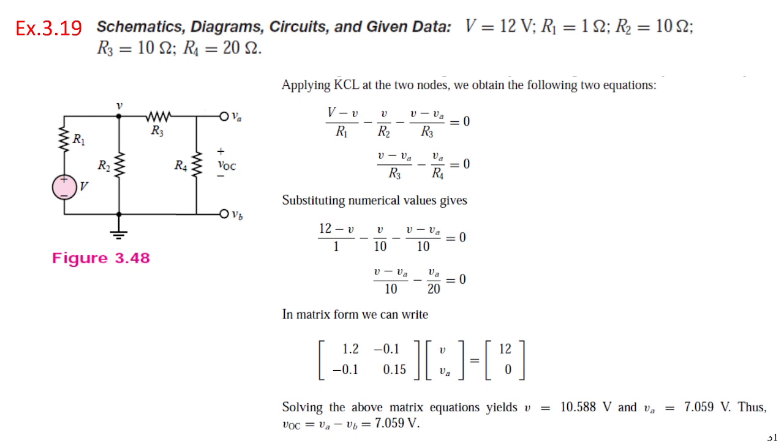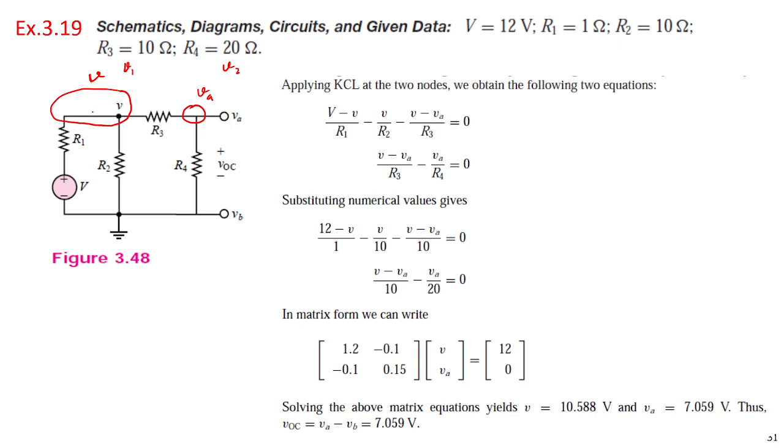Any method. In this case, if we take node analysis, this is V, and this is VA, and this is V. So the unknowns are V and VA. Or for example, this is V1 and this is V2, and then V2 becomes VA.